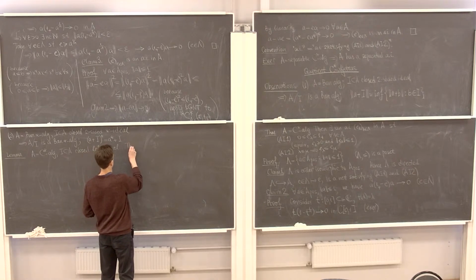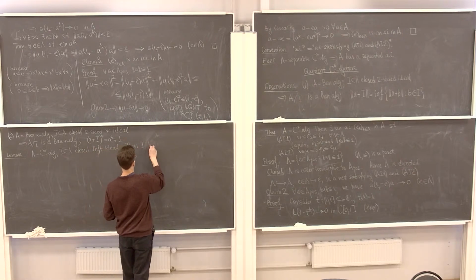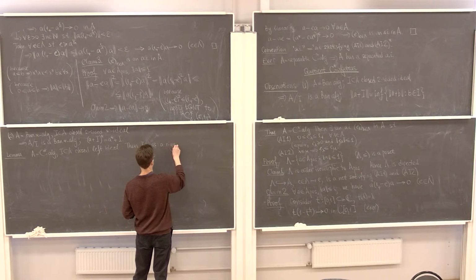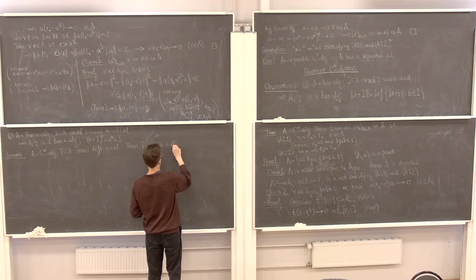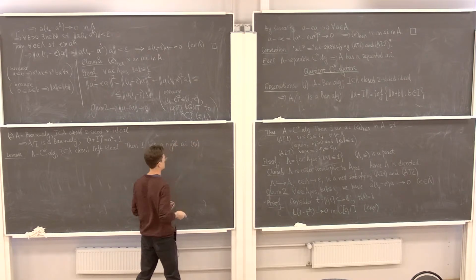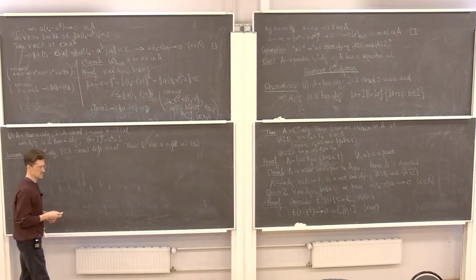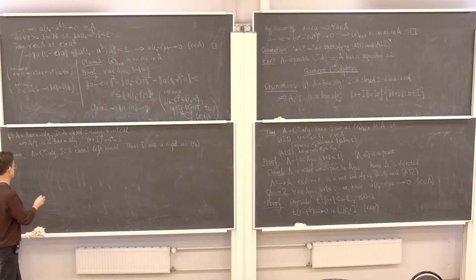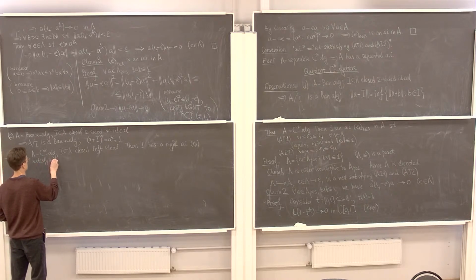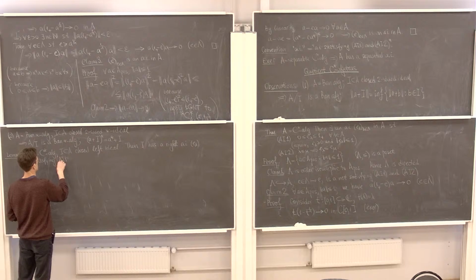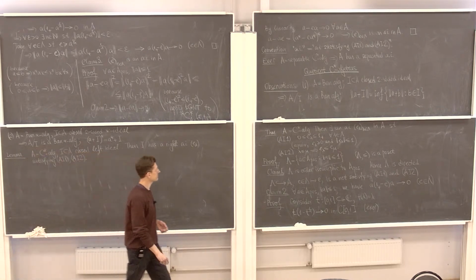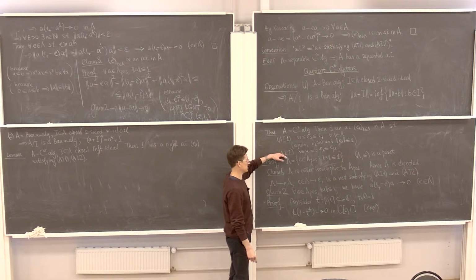I claim that I has a right approximate identity, satisfying our standard conditions AI1 and AI2. This is AI1, this is AI2.